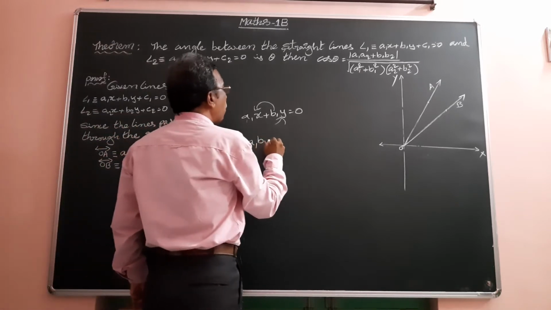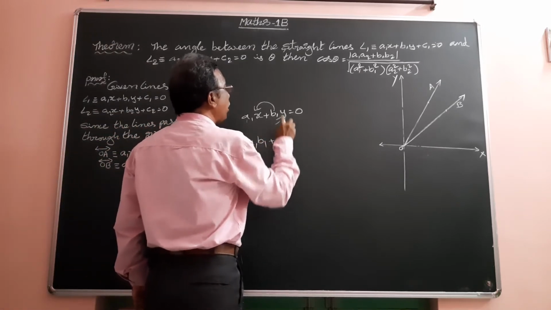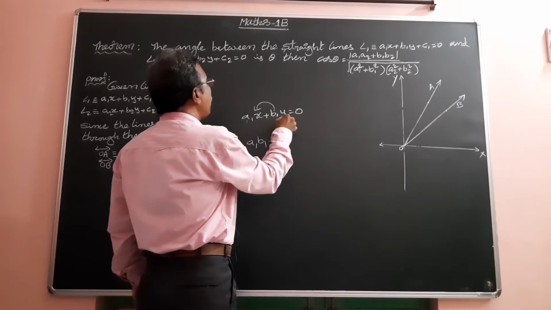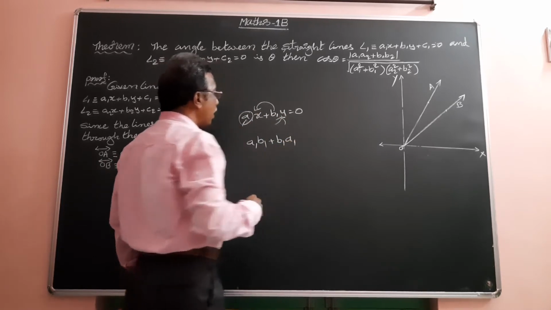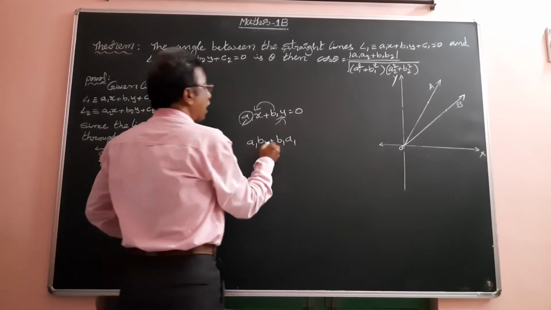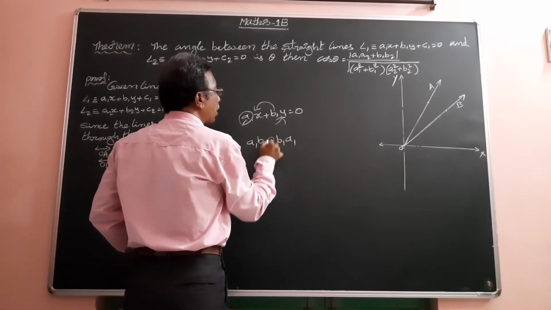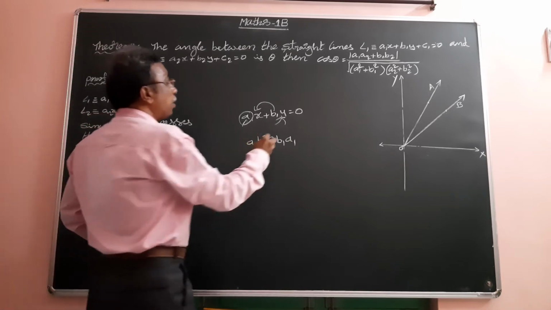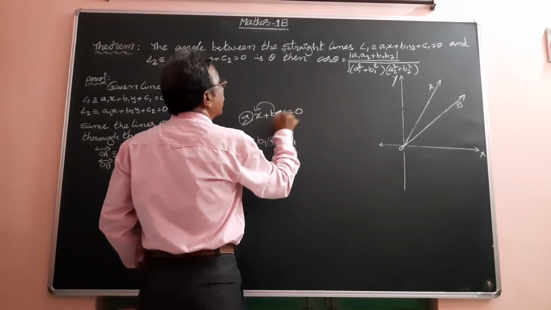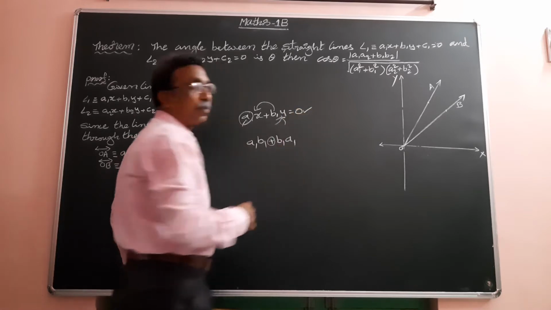Next, plus B1 into y, for y we take this coefficient A1. B1 A1. Now between these two terms is plus. The answer satisfies this equation means we get 0.